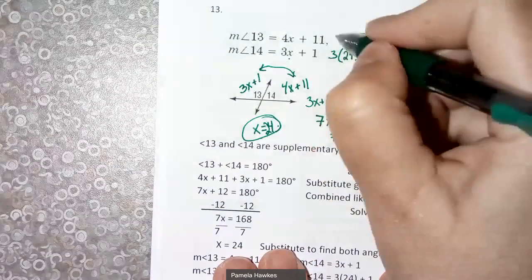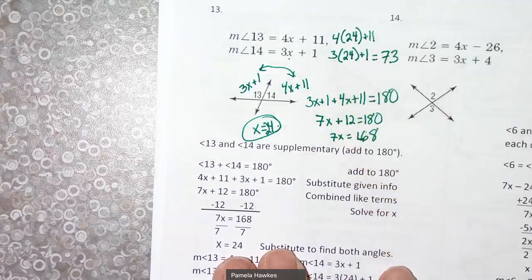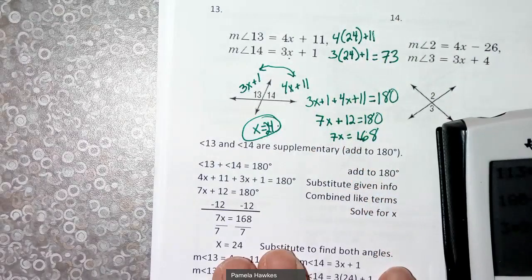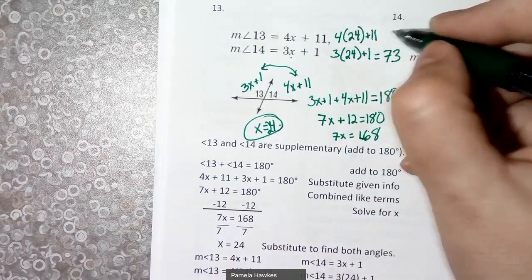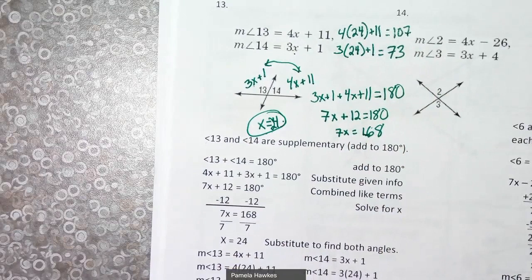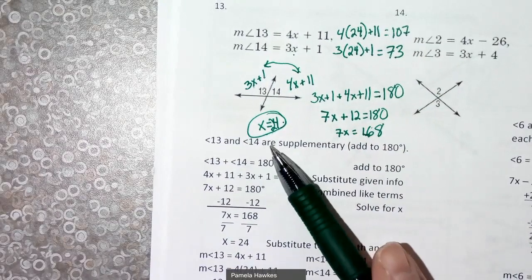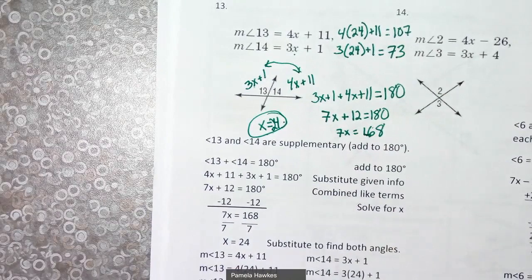Or I could do 4 times 24 plus 11, and I get 107. See how it works? Okay, sometimes they're going to just ask for x. Sometimes they're going to ask for your angles. Let's look at the next one.